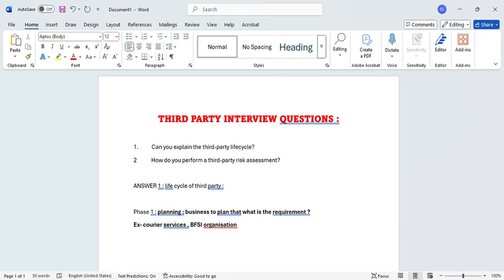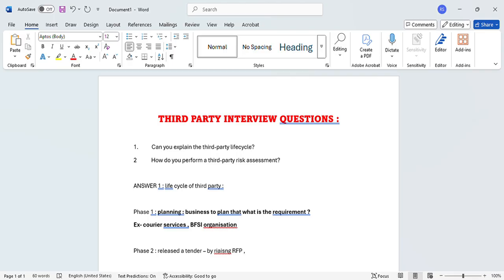After that you release a tender. Phase number two. How to release the tender? By raising an RFP.